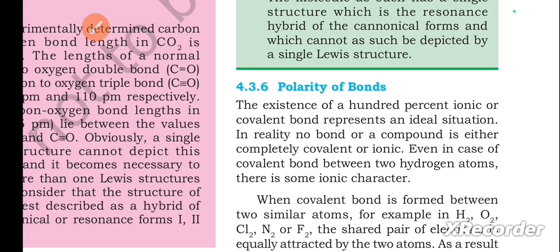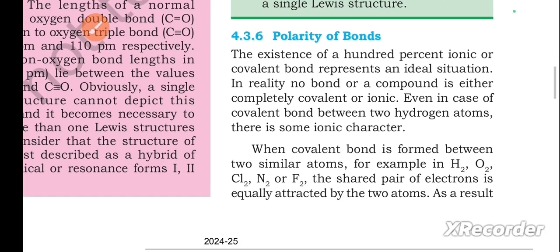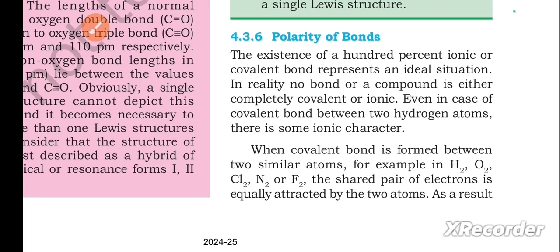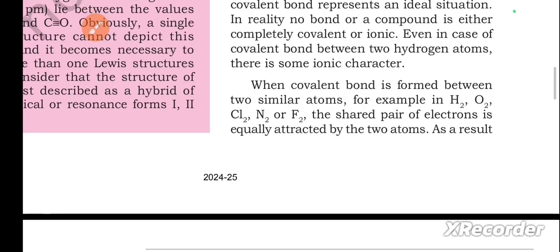Next, polarity of bonds. The existence of a 100% ionic or covalent bond represents an ideal situation. In reality, no bond or compound is either completely covalent or ionic. Even in the case of a covalent bond between two hydrogen atoms, there is some ionic character.